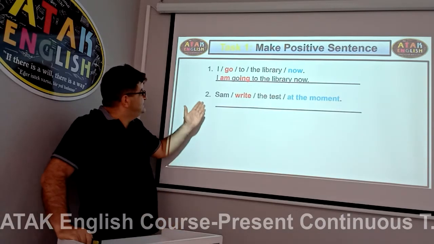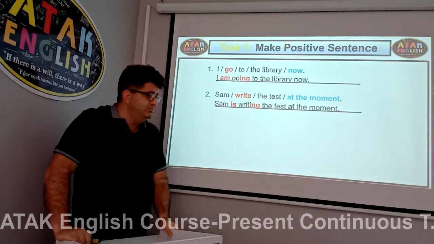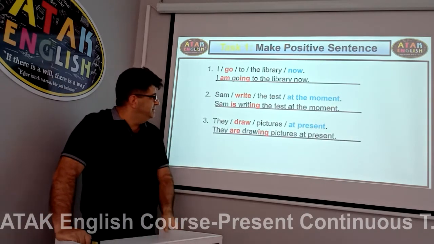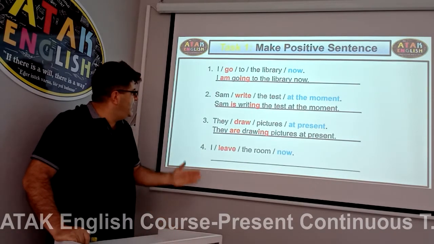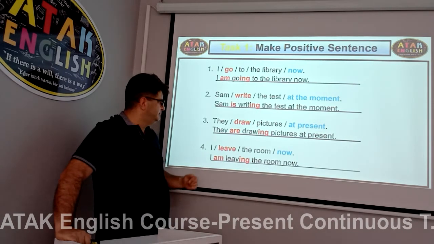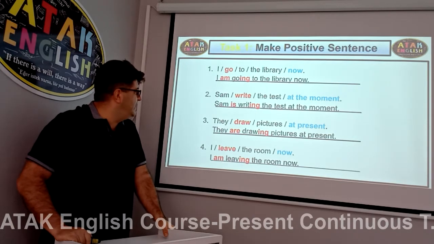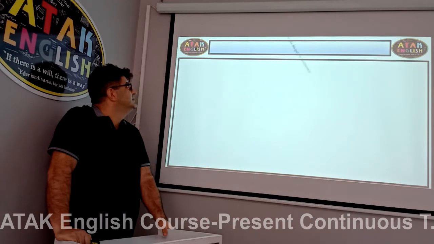Another one. Sam is writing the test at the moment. They are drawing pictures at present. And I am leaving the room now. What is our format? To be plus verb-ing in present continuous tense.